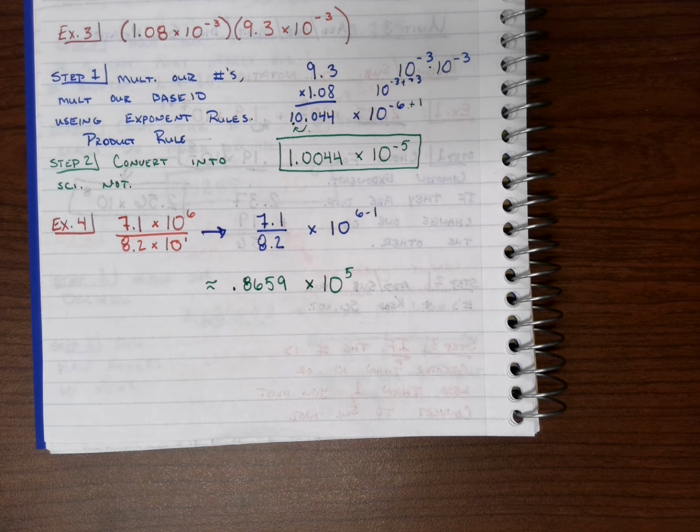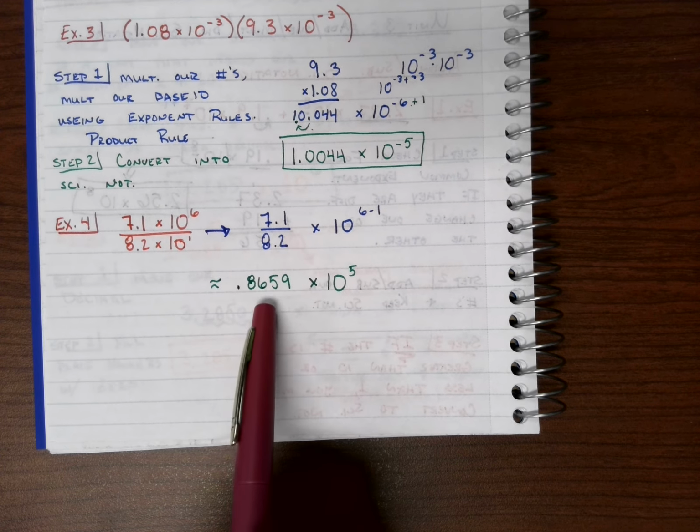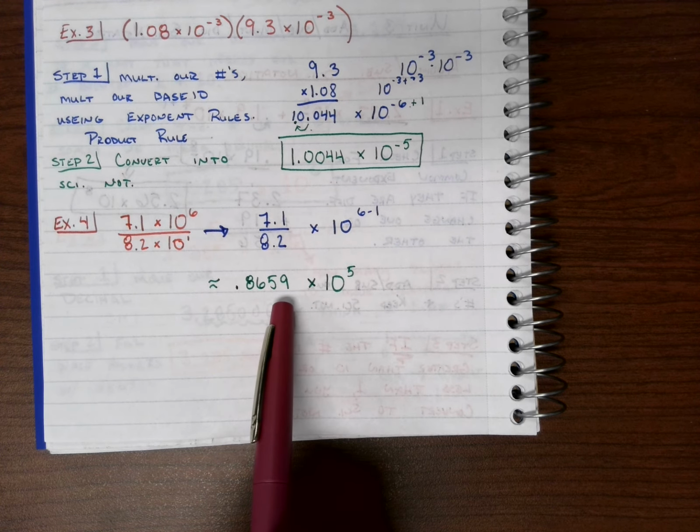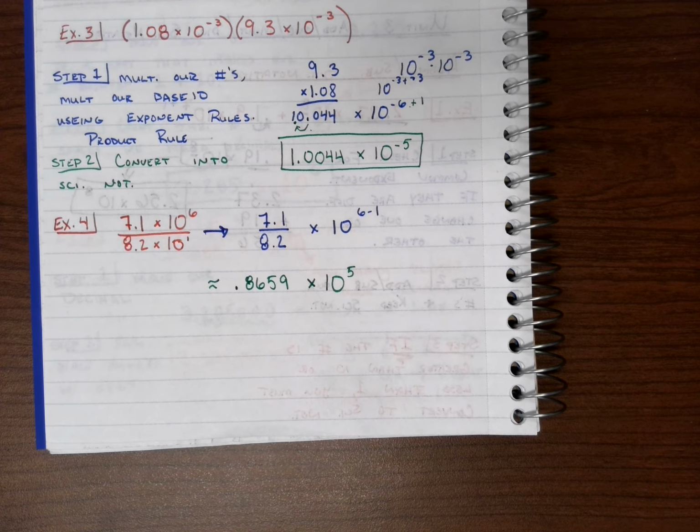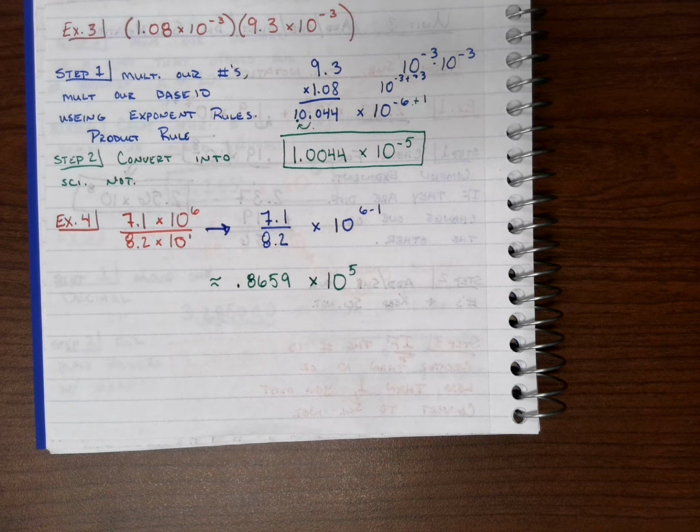Is my answer now complete? It's not. This number is not between 1 and 10. This number is smaller than 1. So I need to make this number between 1 and 10. Where do I need to move that decimal? To the right.